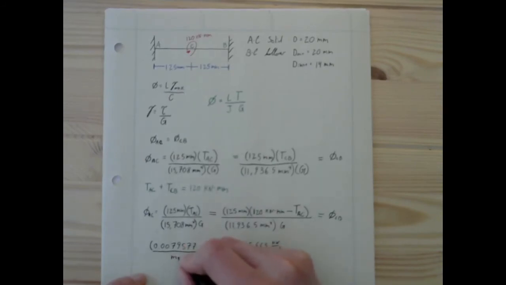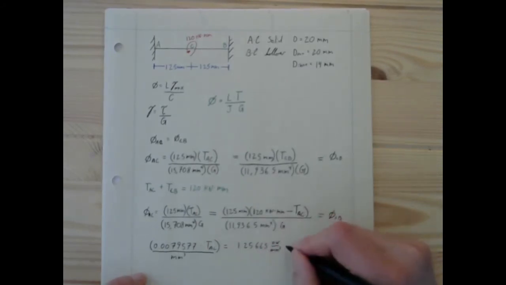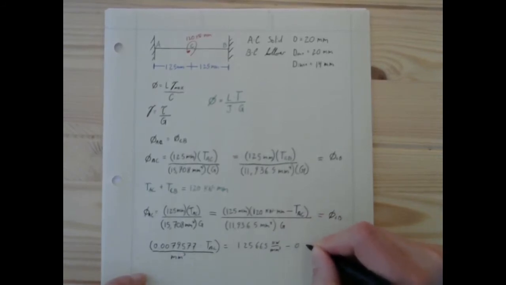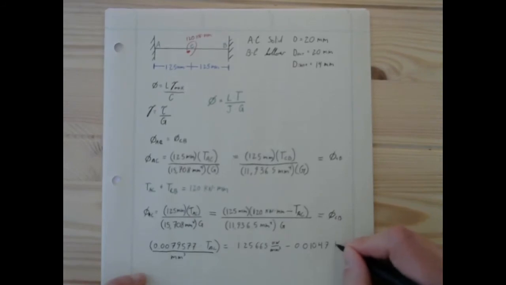We're getting millimeters cubed down there, minus 0.01047, and that's times the torque from A to C, and we'll divide that by millimeters cubed.